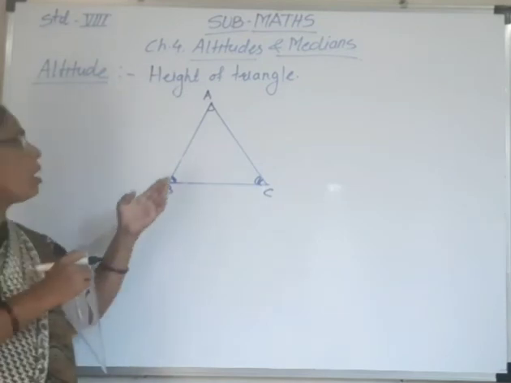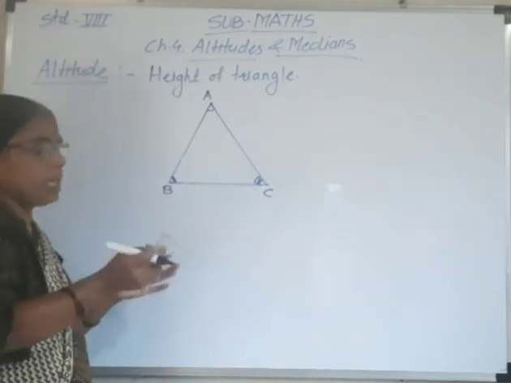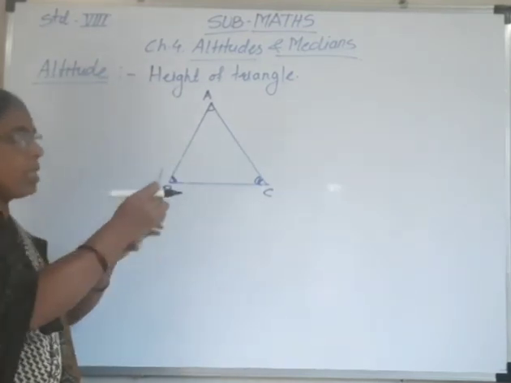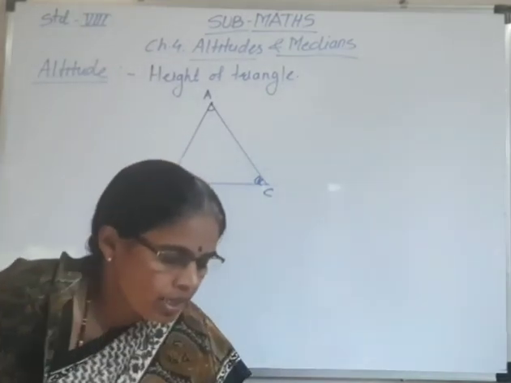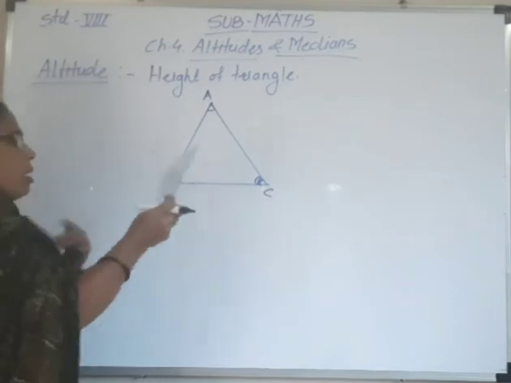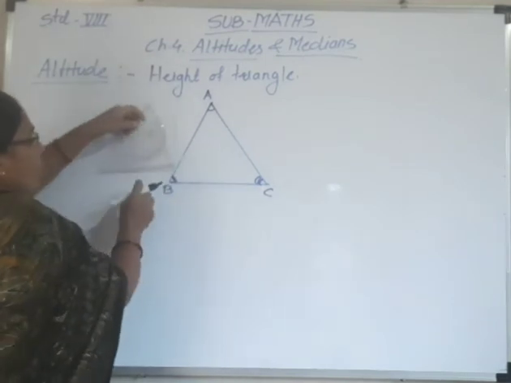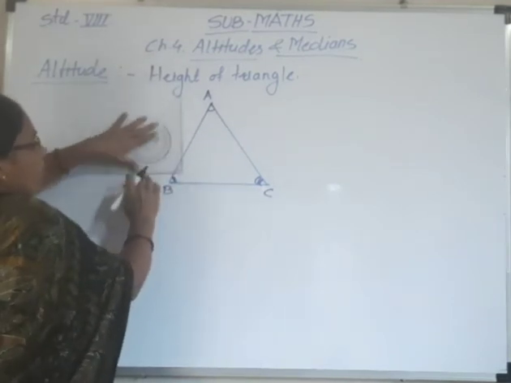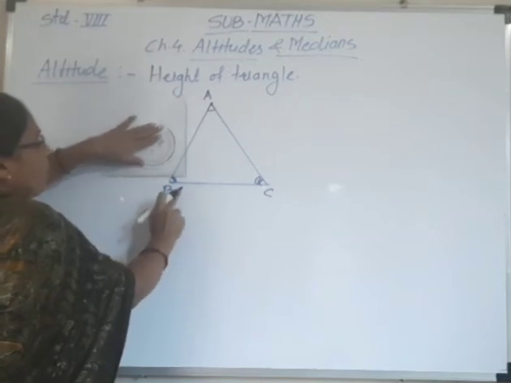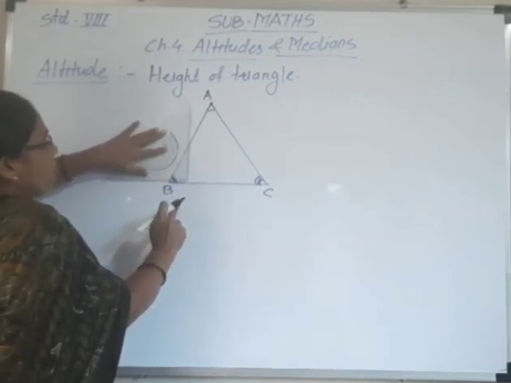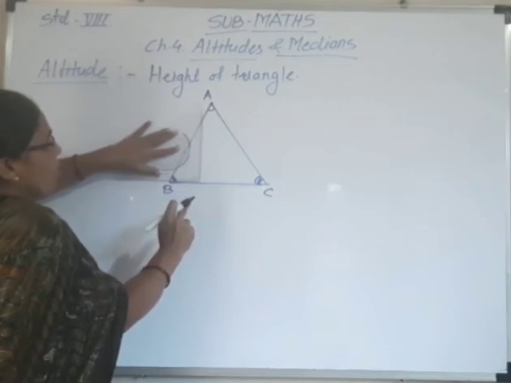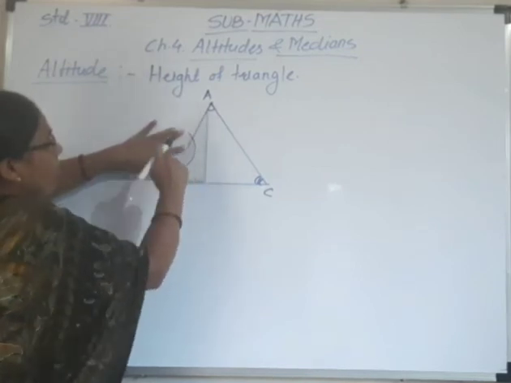So how to draw the altitude of this triangle using set square? It's a very simple method. Now I am using this other set square. See here, we have to keep that set square with this line coinciding on any one of the sides of the triangle, and we have to move this set square towards the vertex.